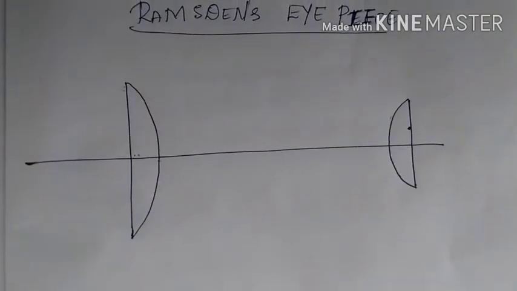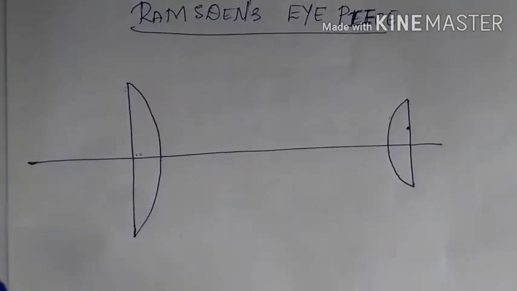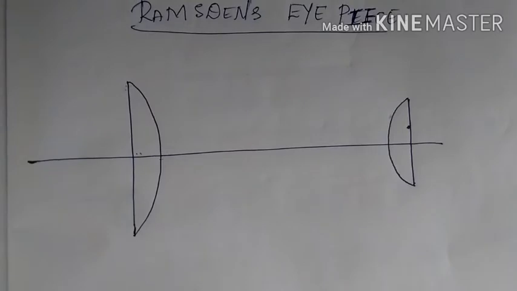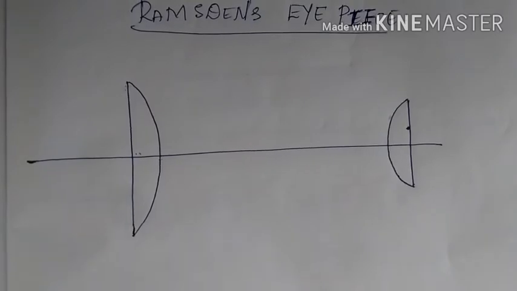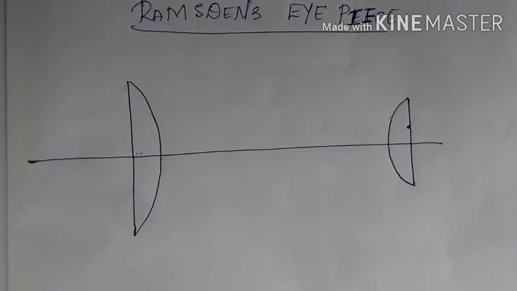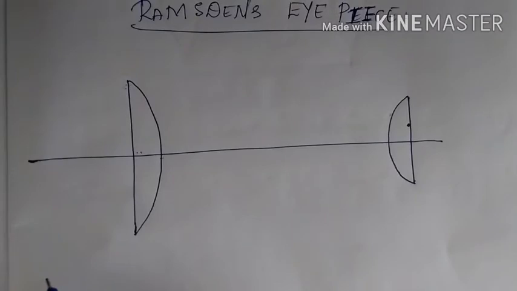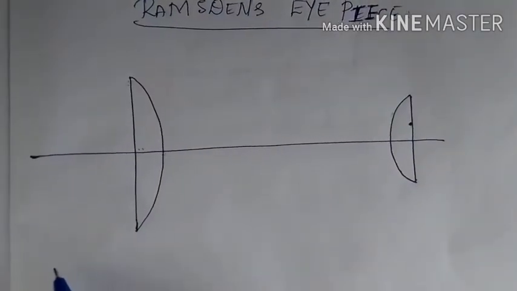Now, what will be there before the eyepiece? Before the eyepiece we will have the objective lens. The rays coming from the object, which is kept at infinity, fall on the objective lens, and the image is formed before the eyepiece.